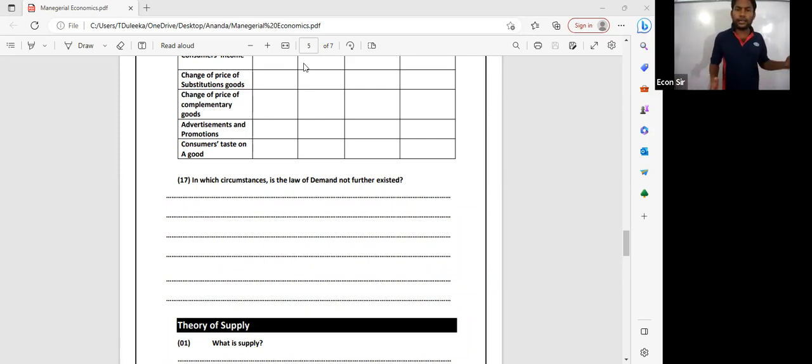Sometimes they share their status on Facebook, WhatsApp, Instagram, or their social media. Because why? They want to show to the society that we have enough diamonds and we are consuming this type of perfumes and all.